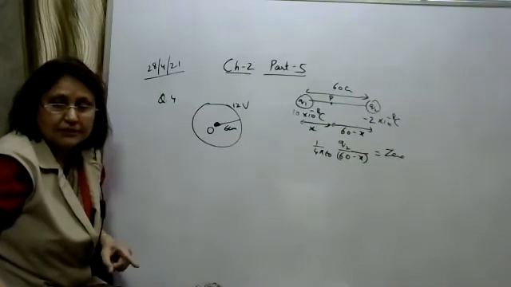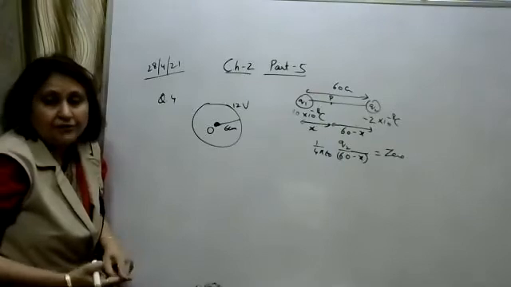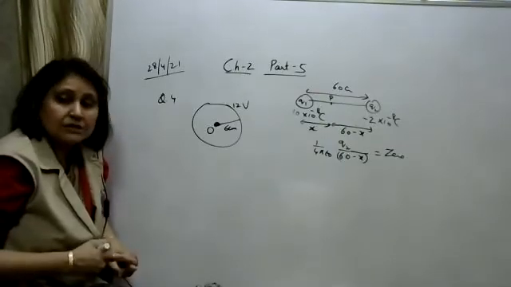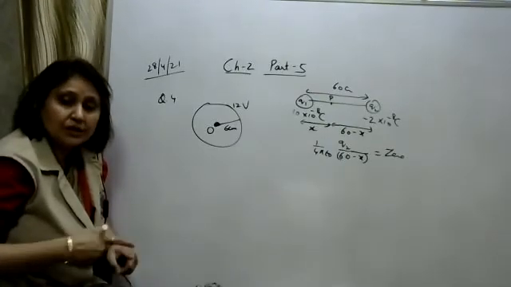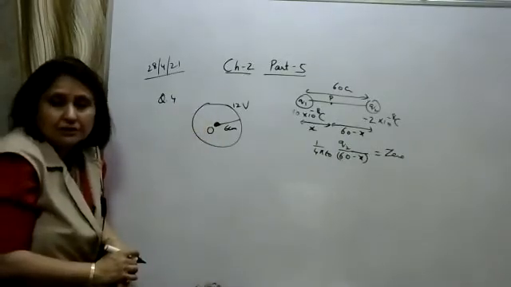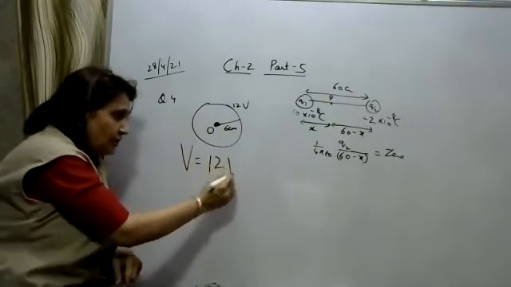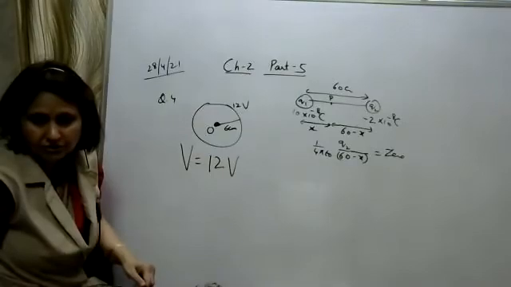Yesterday we studied that the electric field inside is 0, but the potential inside is constant. Whatever is on the surface, at every point inside the sphere the potential will be the same. So the potential inside is also equal to 12 volts.